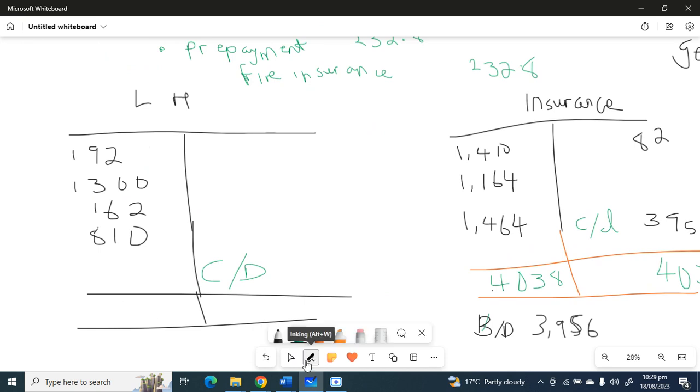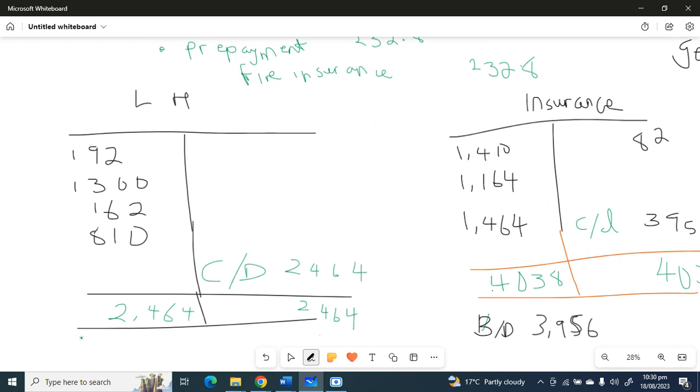2,464. 2,464 on both sides here. Balance carried down, same amount, 2,464.